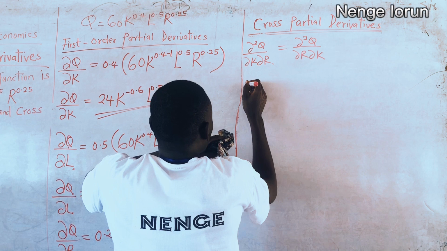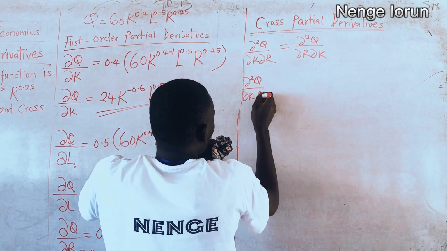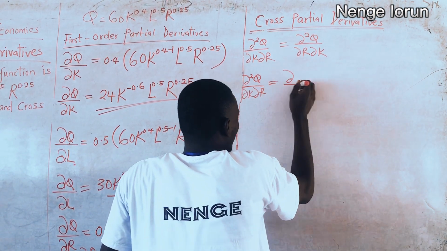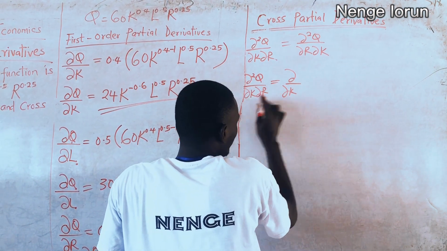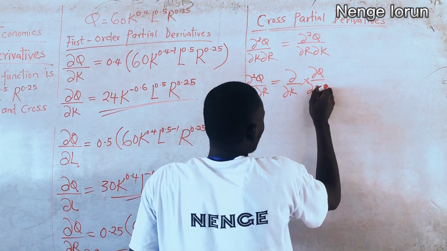So the cross-partial derivative of q with respect to k with respect to r is the same as the cross-partial derivative with respect to k of the cross-partial derivative of q with respect to r.